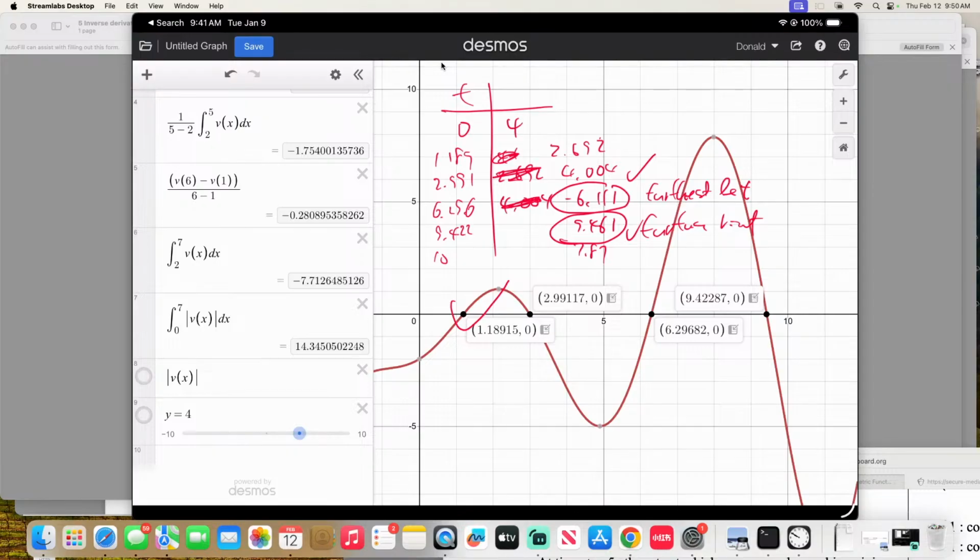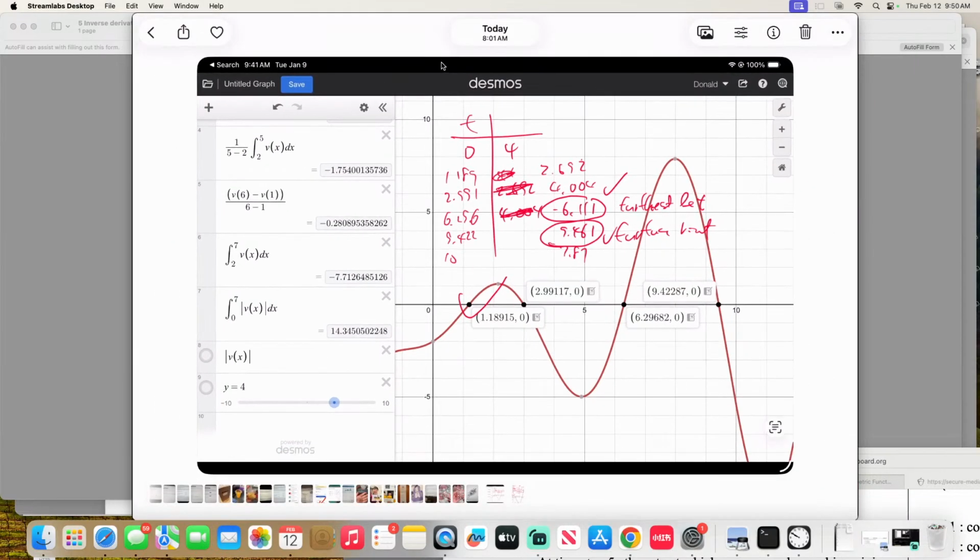If you list down all those times, you should get 1 point. I'm going to do H and I together. See this one, including initial condition, at 0 is 4, right?